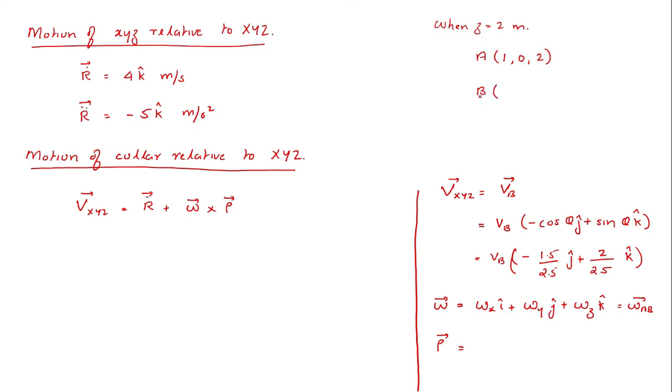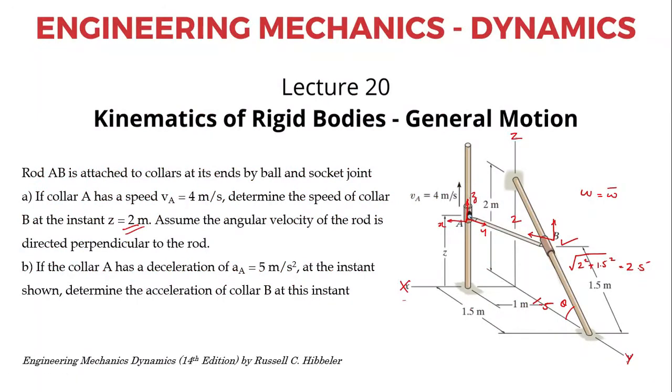And the corresponding point B, you see the B here, it is shown 1.5 meters from the bottom of this rod. This 1.5 meter position is given when the collar A reaches the point when Z equals 2 meters.